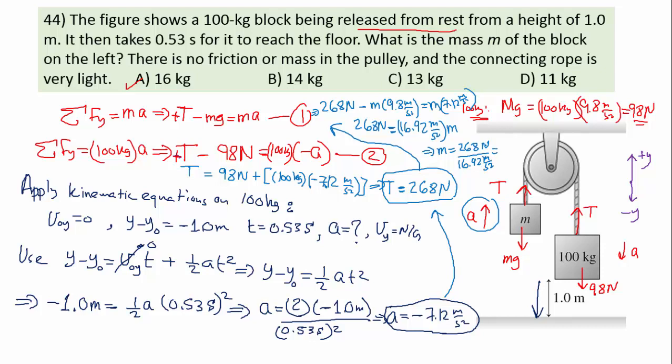And we know that Newton is kilogram meter over second squared, so meter over second squared will cancel out, and the answer will be in kilograms, and this will yield around 15.84 kilograms, which, when rounded to two figures, is 16 kilograms.